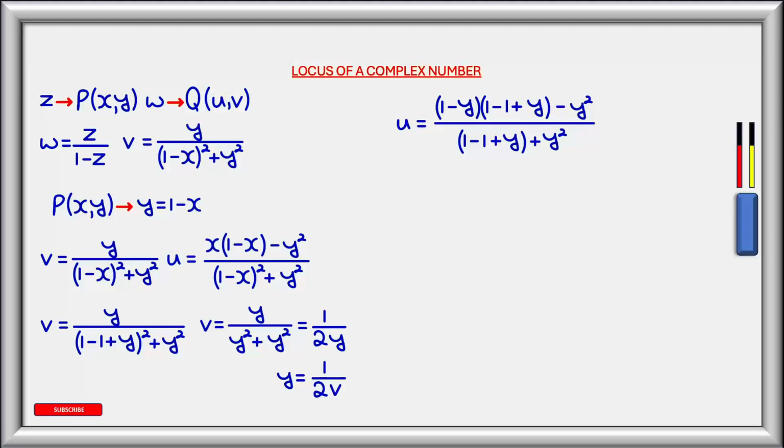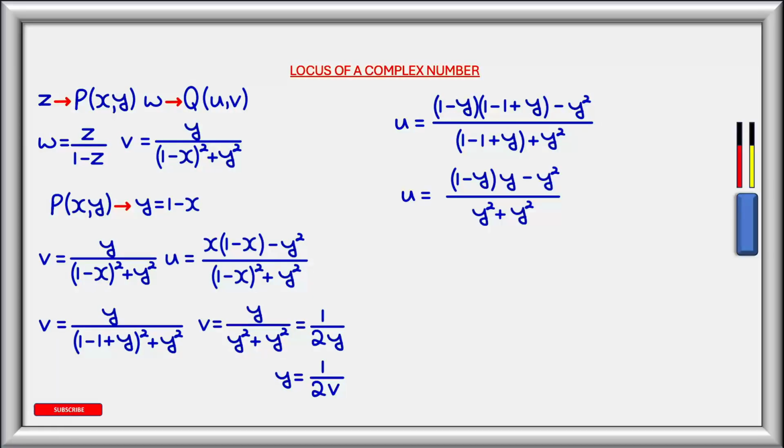And doing a similar thing for the expression for u shown here, where we substitute for the x values, we get u is equal to 1 minus y multiplied into the bracket 1 minus 1 plus y minus y squared divided by (1 minus 1 plus y) squared plus y squared.